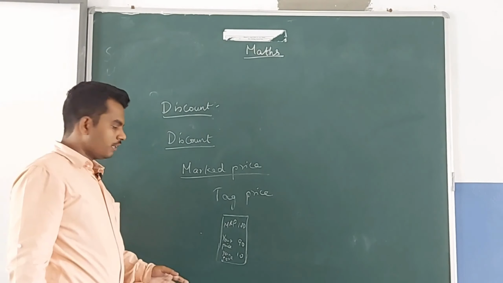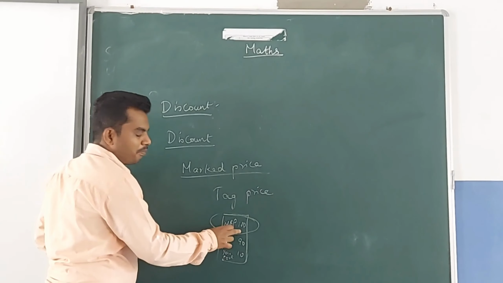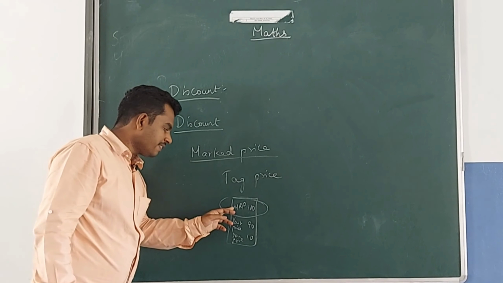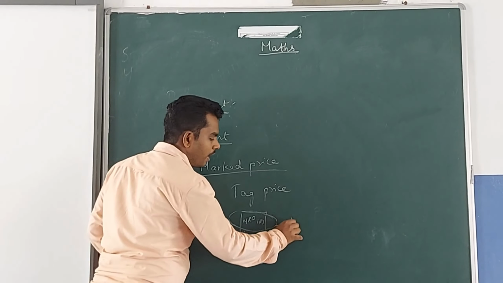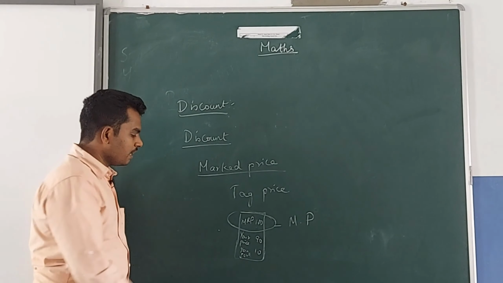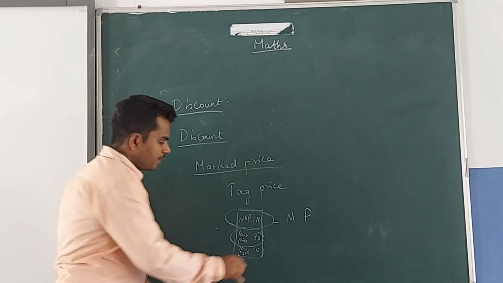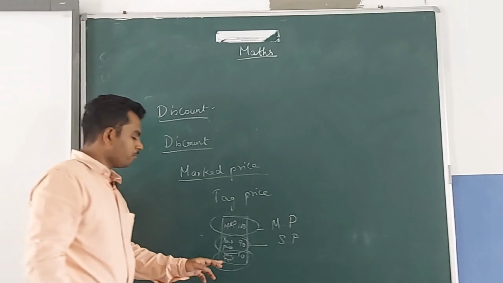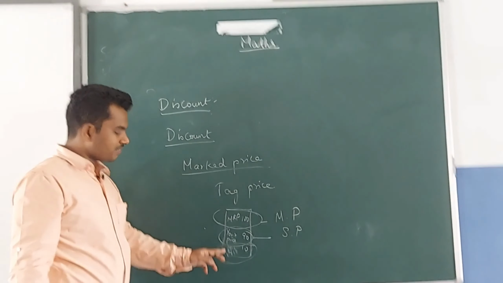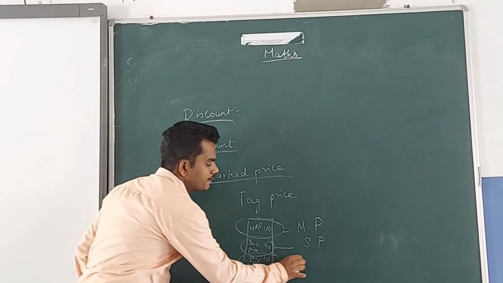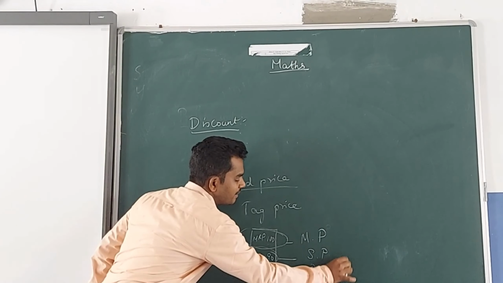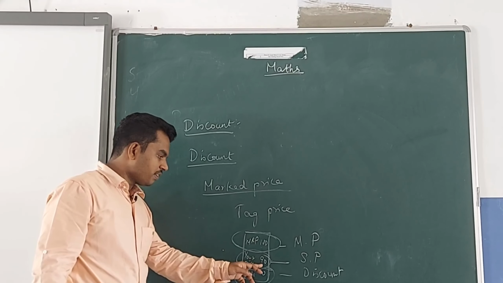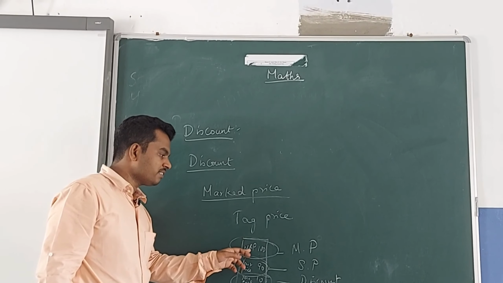So what is the meaning? This MRP price is called marked price. This your price is called selling price. This you save price is called discount. So here the discount is 10 rupees. The selling price is 90 rupees. The original price, that marked price, is 100.